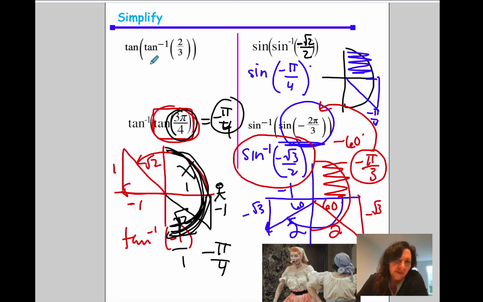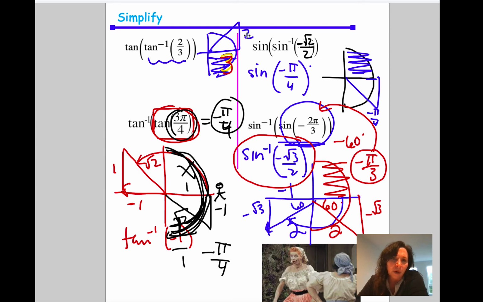This part here is saying, where is tangent 2 over 3? Now remember, again, restricted domain, first and fourth quadrant. So where is tangent 2 over 3? Tangent positive. This is out. So I am in the first quadrant, opposite over adjacent. So 3. Let me make this a 3.